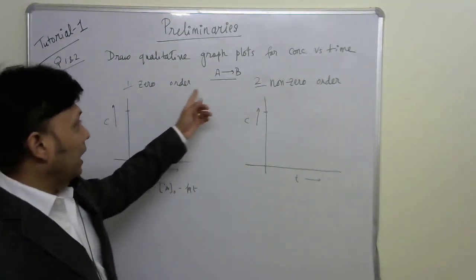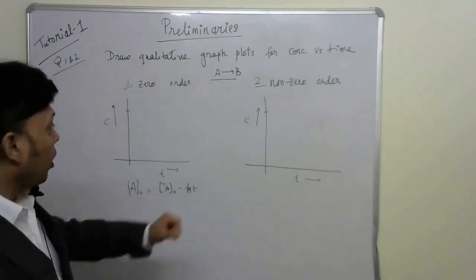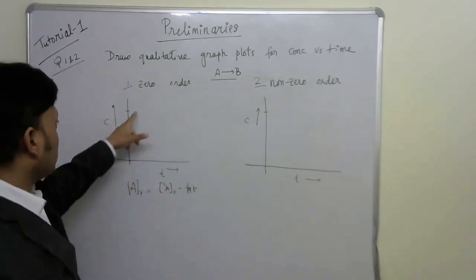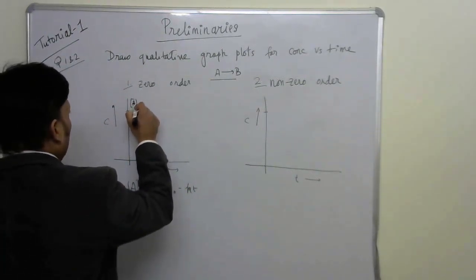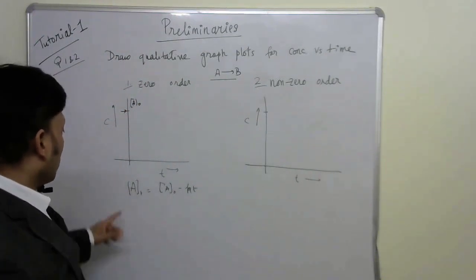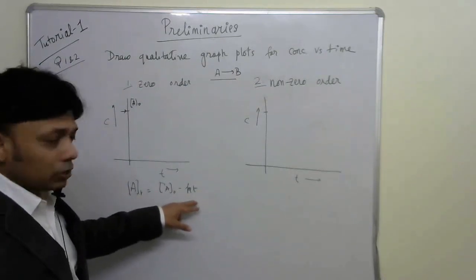So we assume that A is going to be, and this is the concentration versus time plot. I would start with the zero order reaction here, and our initial concentration we will assume as A naught over here. We can see that it shares a linear relationship with time t.